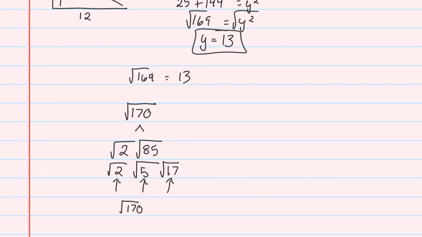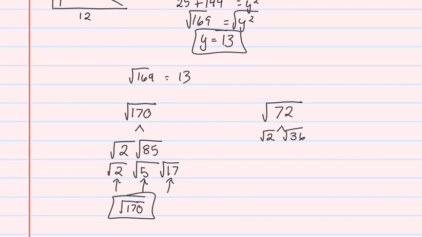So your final answer, if you wanted to take the square root of 170, in simplest radical form would just be the square root of 170. If I change my number a little bit, if I make it the square root of 72, when I break that down, that's the square root of 2 and the square root of 36.